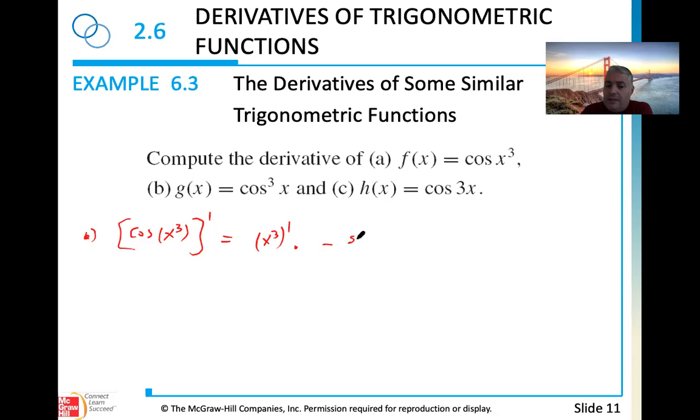Negative sine of x cubed, which is 3x squared and minus here times sine x cubed. Check this one, or let me give you a general rule. It's better to give you that.